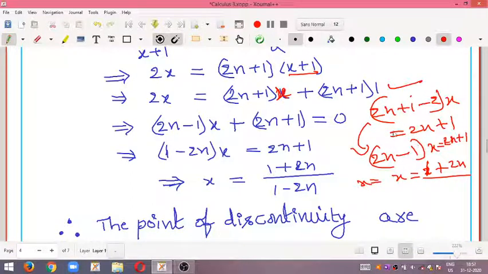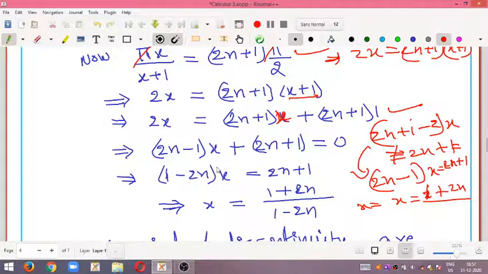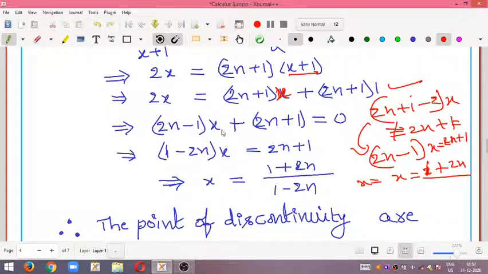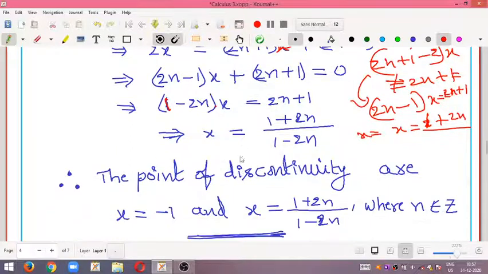Taking this term to this side, the sign is interchanged, so 1 minus 2n into x will come. So making x the subject, x is equal to (1 plus 2n) by (1 minus 2n).